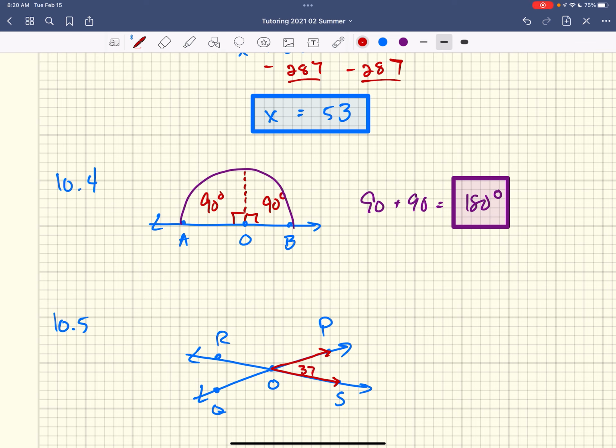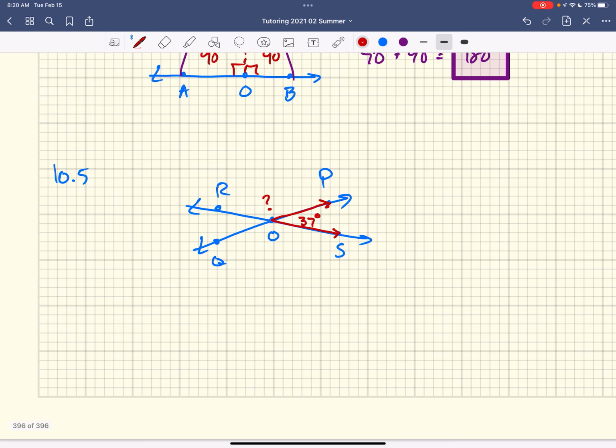If that's a 37-degree angle, what is the measure of POR? So this other side of the angle.